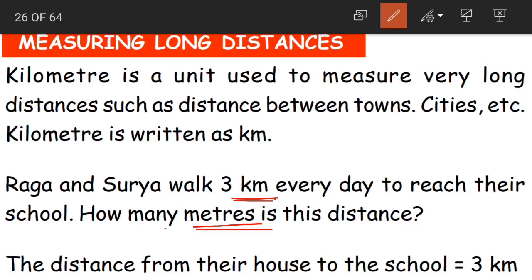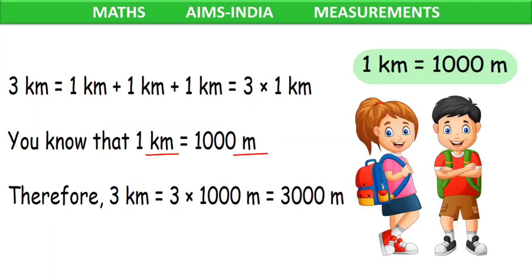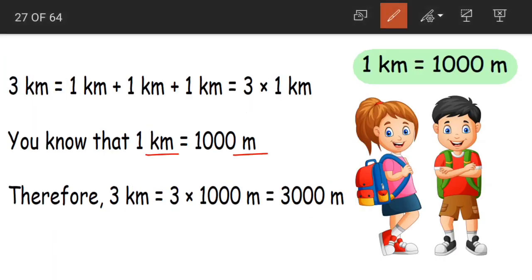Suppose they asked how many centimeters is this distance, then we would have converted the kilometers into centimeters. But they have asked in meters, so we have written our answer in terms of meters. 3 kilometers is equal to 3000 meters.